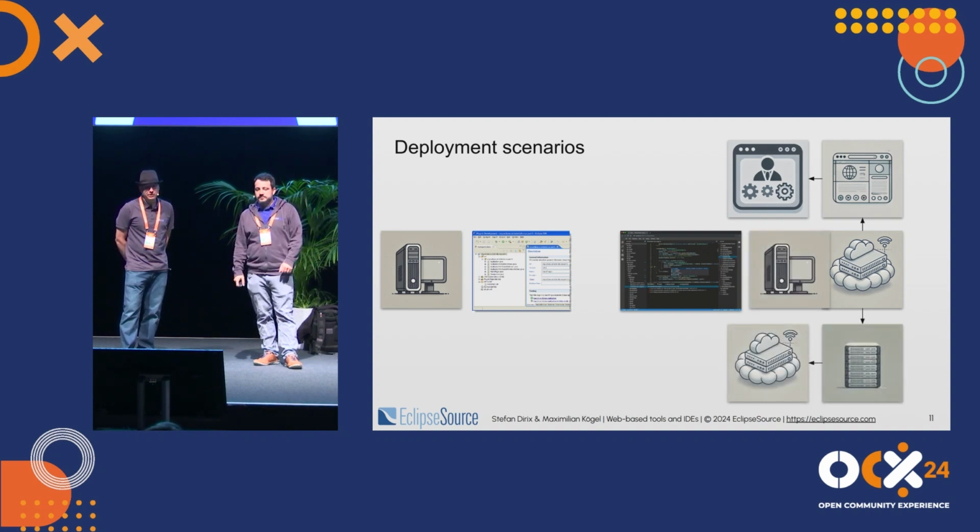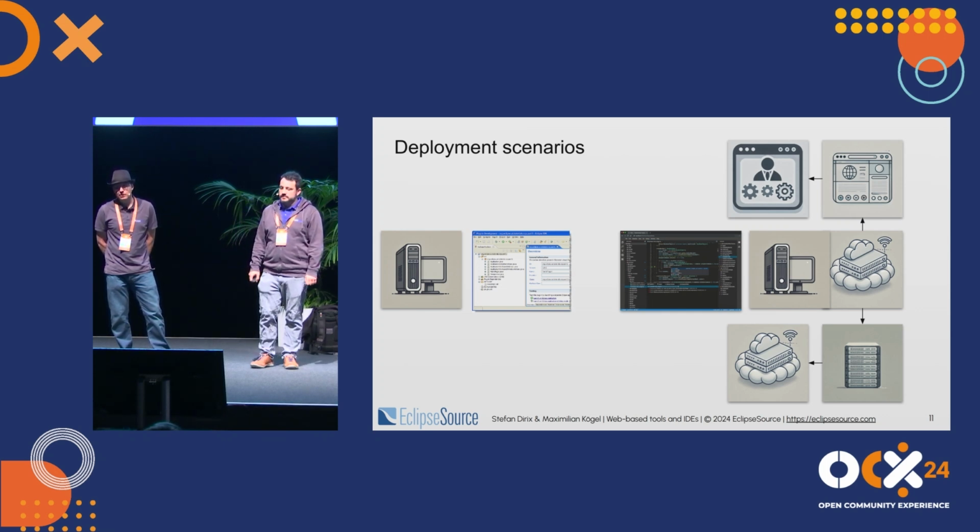And then, of course, which is just from practical experience a very common case, people still want to have their desktop application, at least to begin with, because that's where they come from. So what you can do with the stacks that are out there, oftentimes you basically single source a desktop and a web application or a cloud-based application.